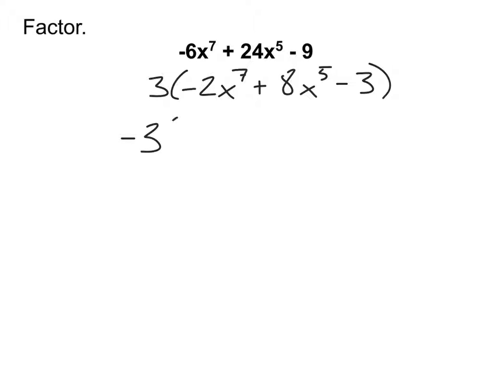So if I factored out a negative 3 instead, that negative basically is flipping the signs of everything inside. So it becomes a positive 2x to the 7th, it becomes a minus 8x to the 5th, and it becomes a plus 3. So it's like I took all the terms and divided by negative 3. Now in this problem, you'll notice though also there were no x's in this last term, hence why there's no x's out front here.